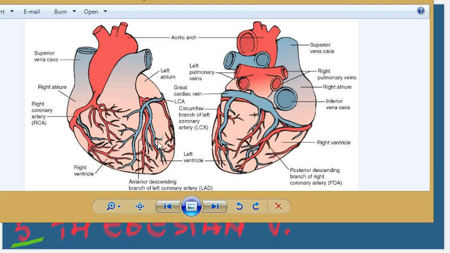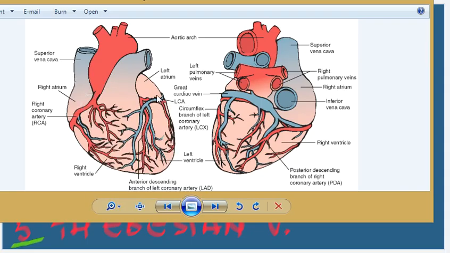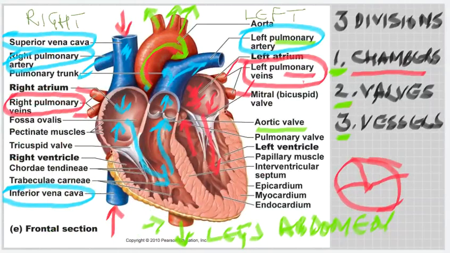And once the heart has consumed all the oxygen and the nutrients present in the blood, all the blood will be sent back into the veins. And what are these called? Coronary veins, right? So the coronary artery arises from the base of the aorta, and the coronary vein then collects all the deoxygenated blood. And where does it pump it back into? It pumps the deoxygenated blood back into the coronary sinus.